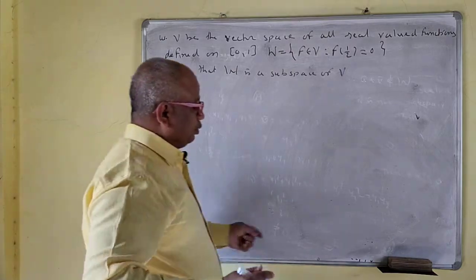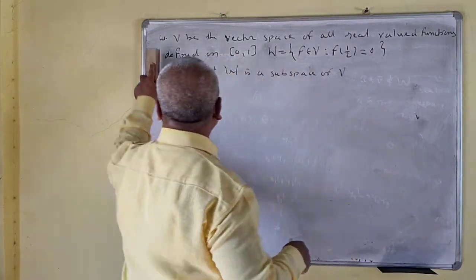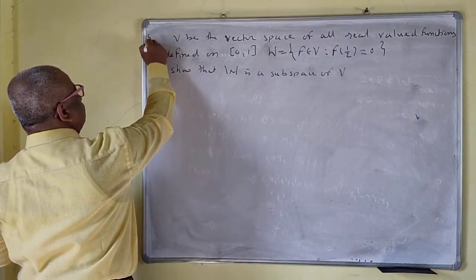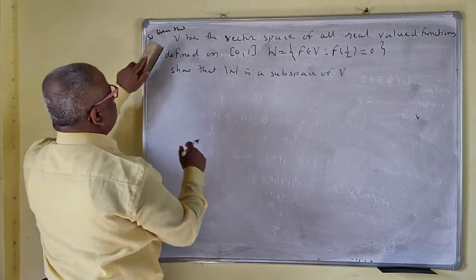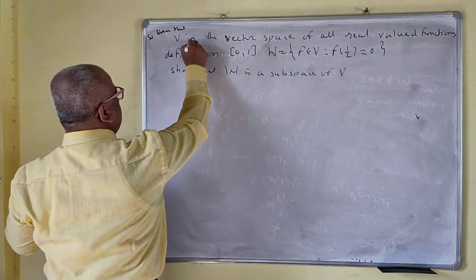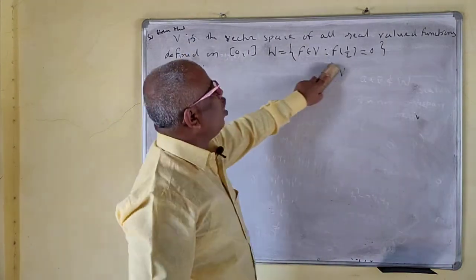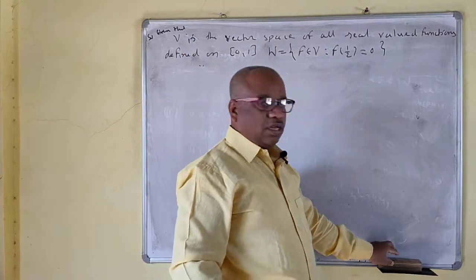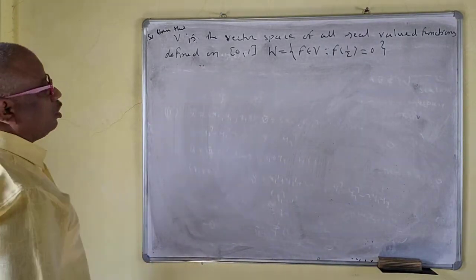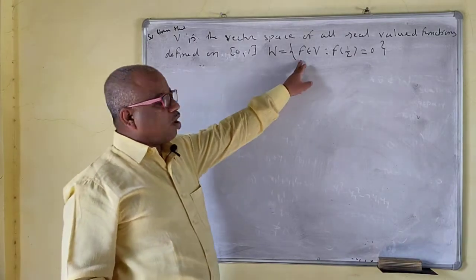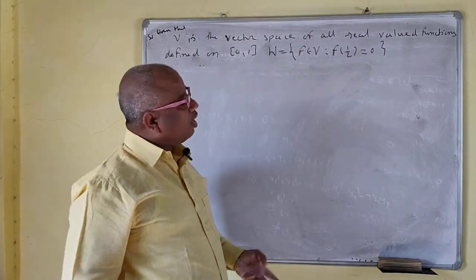Solution. Given that V is the vector space of all real valued functions defined on the closed interval 0 1. W is equal to all the functions such that if you apply them on half it is 0.